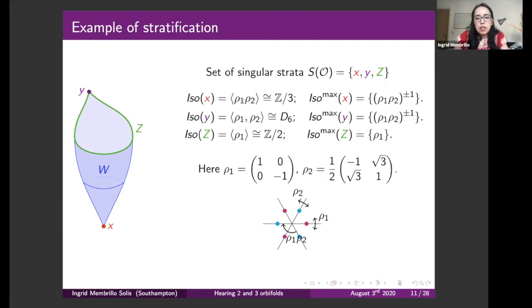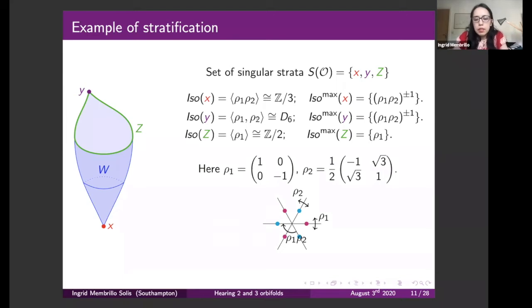And in this case, the isotropy type of Z, as we said before, comes from just the rotation by 2 pi over 3. So this point comes from the image of pi on this point at the center.